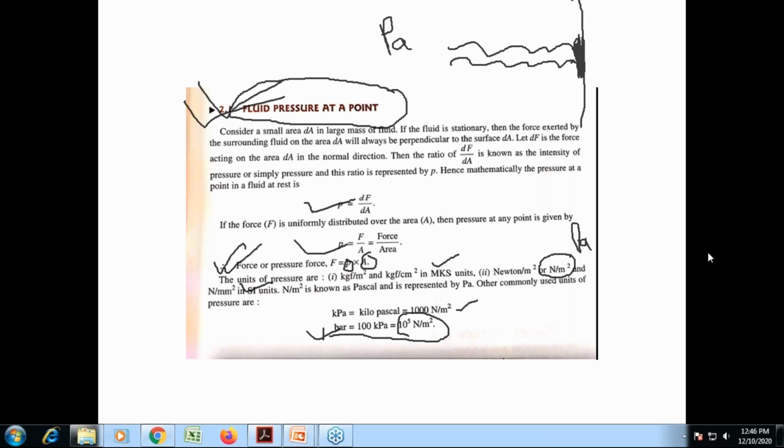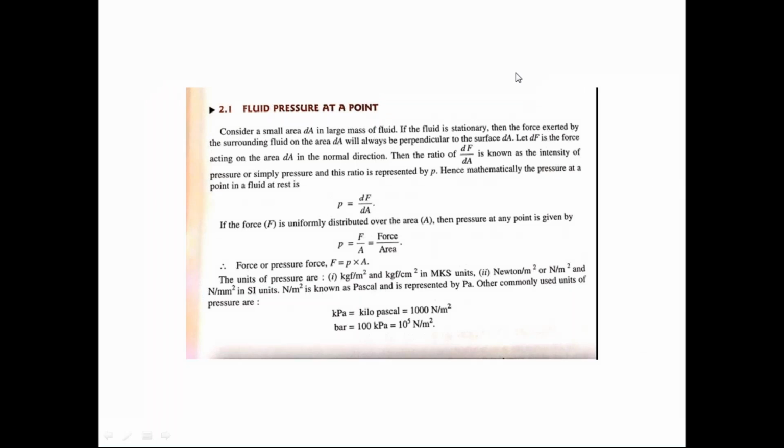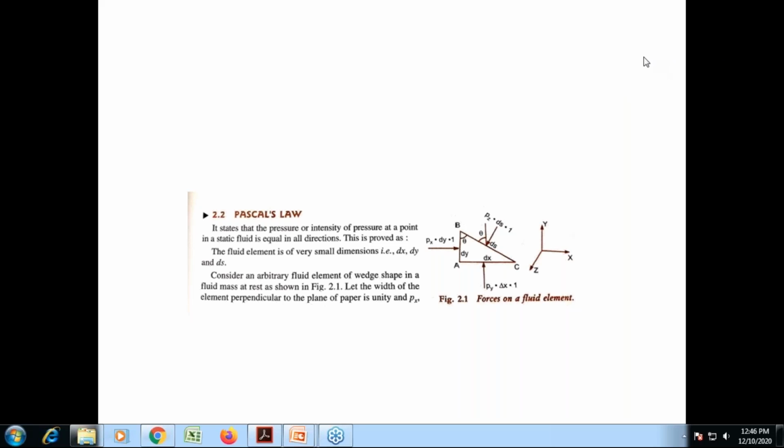Next is Pascal's law. So what is the statement? We have a small derivation and a statement. The statement says that intensity of pressure remains the same in all directions.